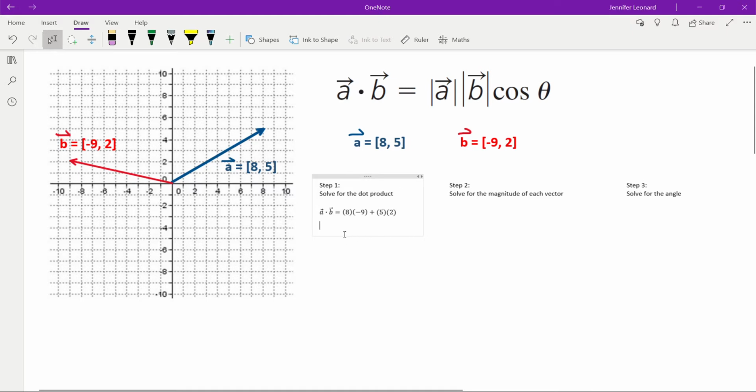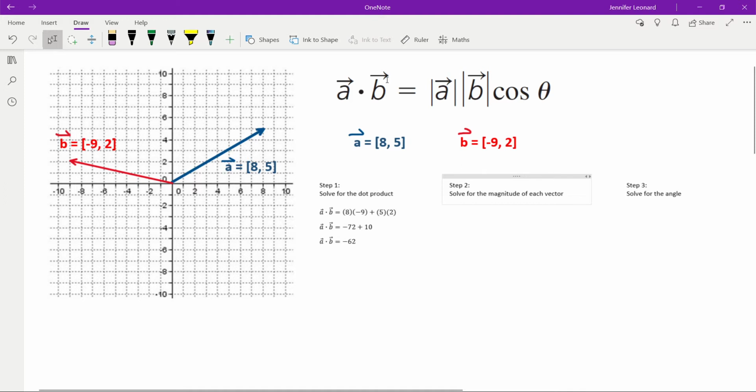Computing that, I get negative 72 plus 10, and then by adding, I get negative 62. We want to make sure that we're using proper notation here, so using the vector symbol above, and then using the dot to show that I did the dot product, because there are actually multiple ways of multiplying our vectors, right? We can't just say times.